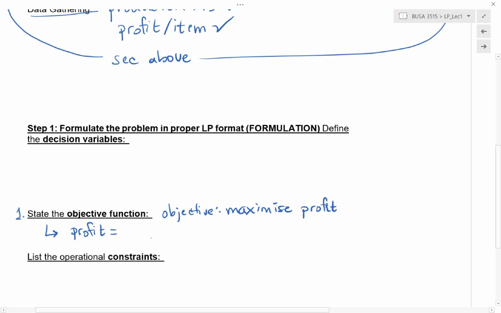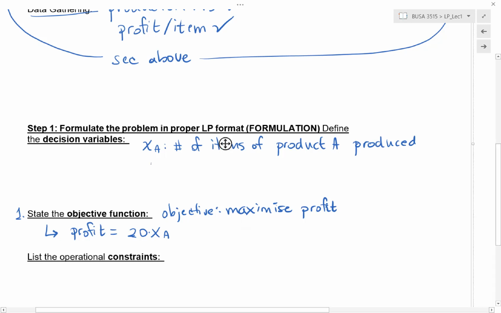Now we're told that each product A item brings in $20. Let's call XA the number of items of product A produced. And we make $20 off each item, so 20 times XA will give us the profit brought in by product A. Let's call XB the number of items of product B produced.